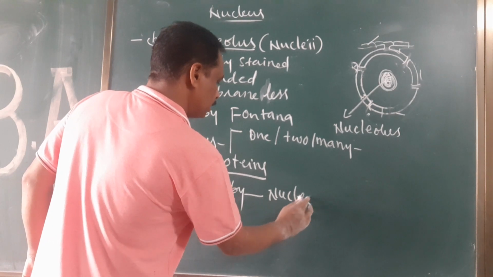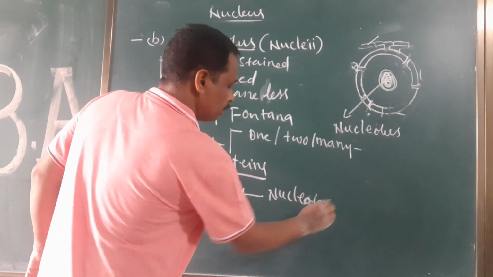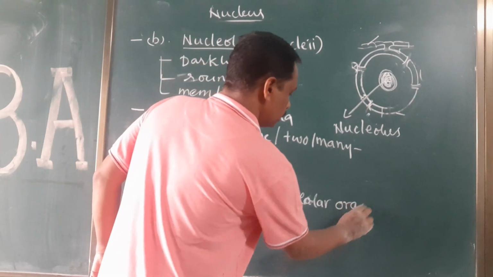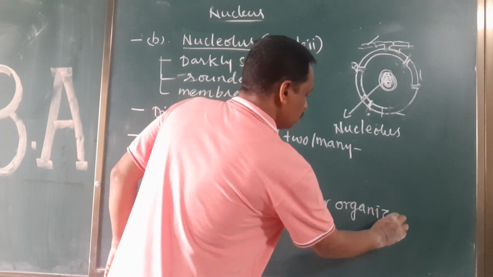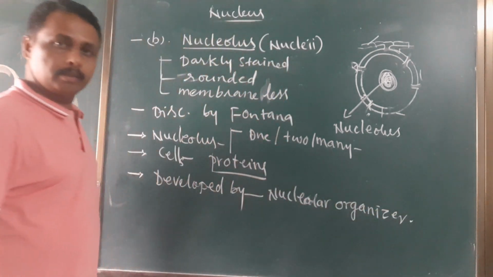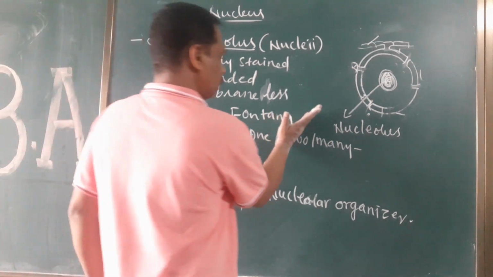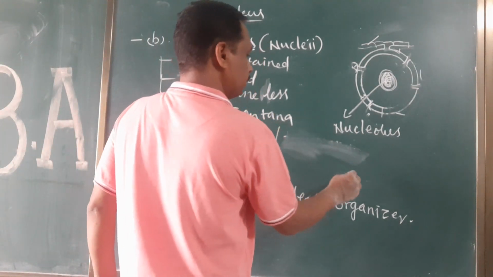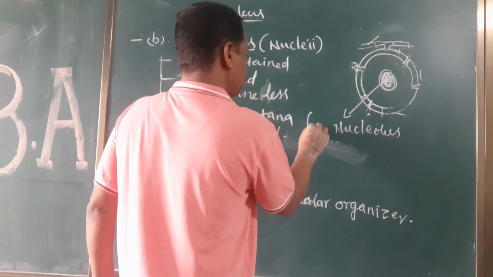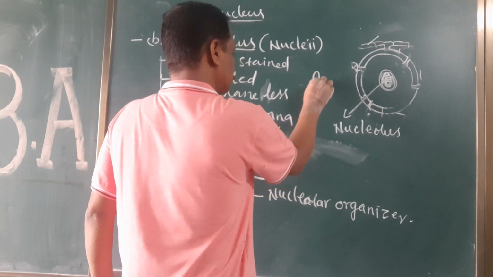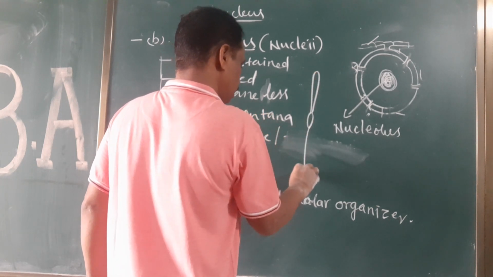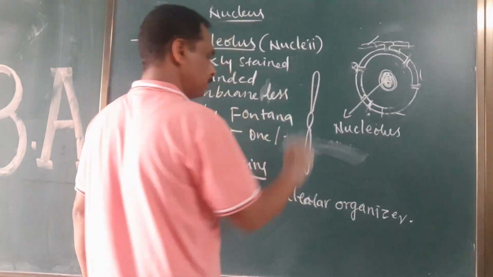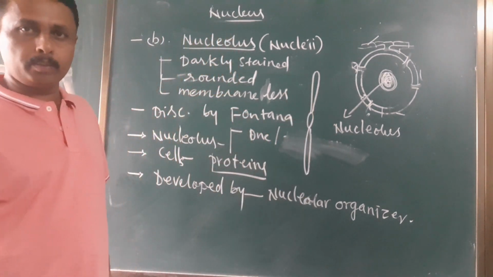This nuclear organizer can be seen in a chromosome. The condensed form of chromatin is called a chromosome.